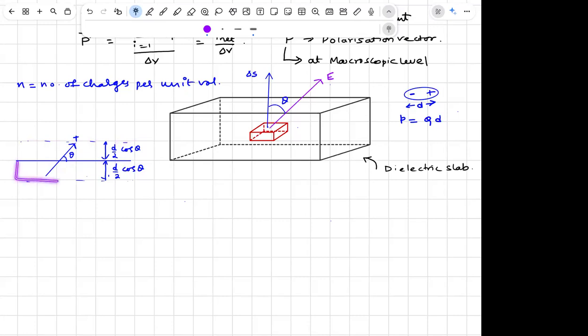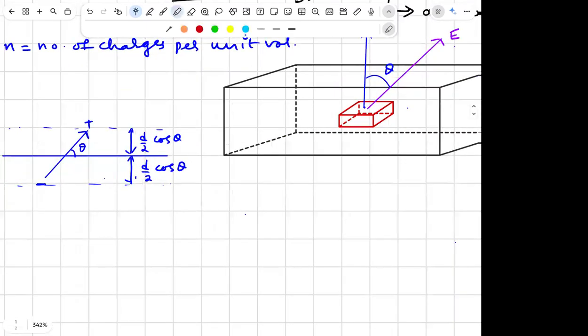Any molecule in this zone will cross downwards, because of the application of the field. Earlier, maybe the molecule was like this, but now you have applied the electric field.